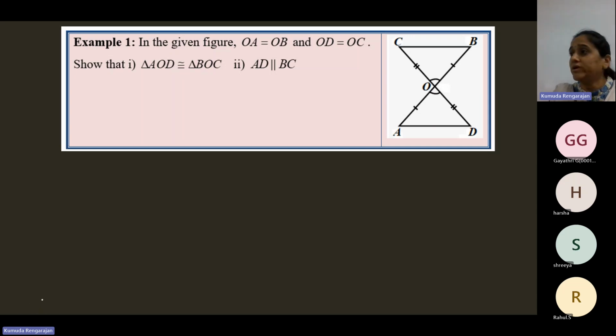So today we are starting this new chapter, congruent triangles.